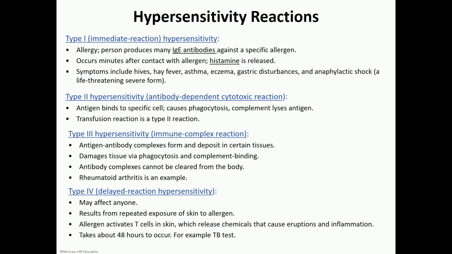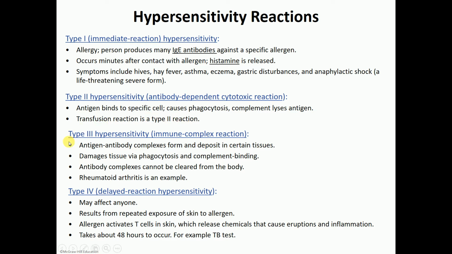I'll give you an example, which is transfusion reaction. Somebody gets the incorrect blood transfused into them, the antigen and the antibodies are going to identify each other, and that will lead to the agglutination reaction. That will activate the complement in the recipient's body, leading to lysis of those red blood cells that the recipient just received.